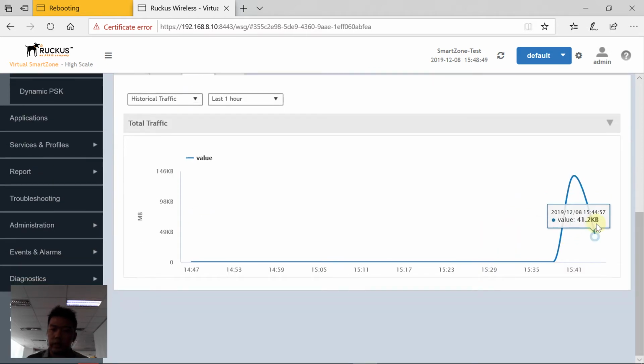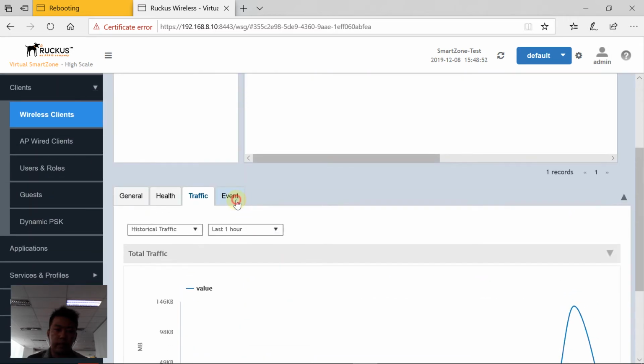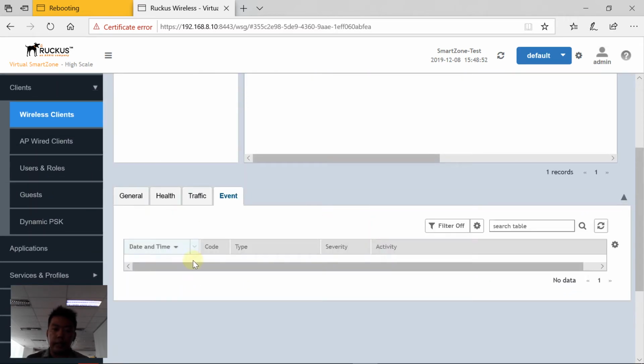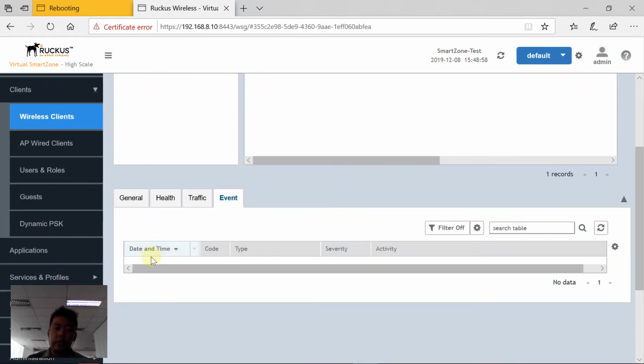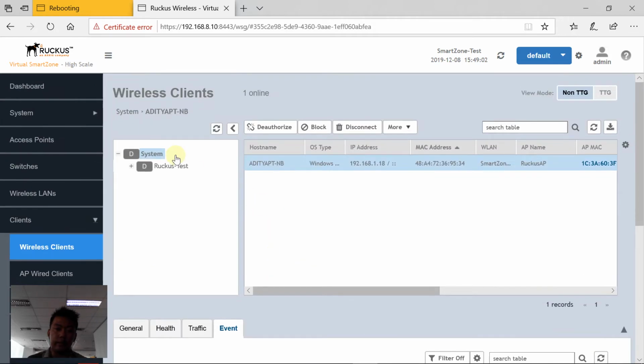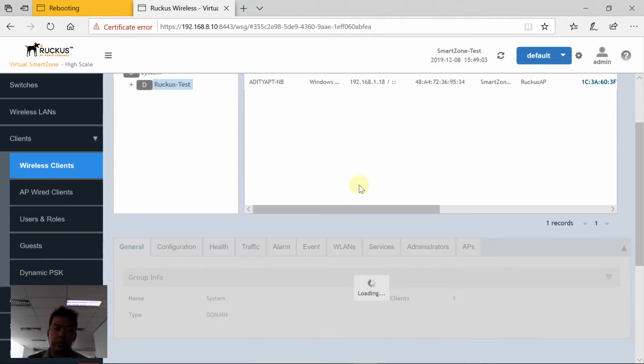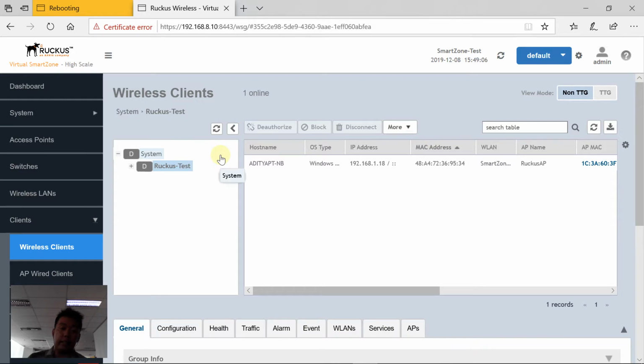This is the historical traffic, and this is the event about this user. If the user is connected or disconnected, we can monitor it here. But that's monitoring a single user.